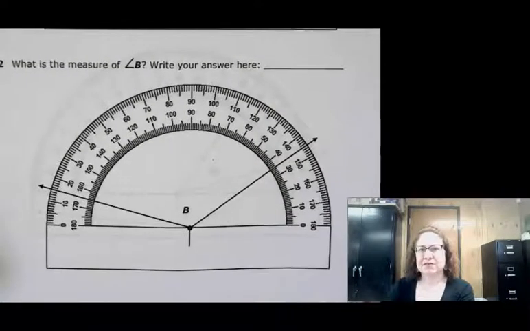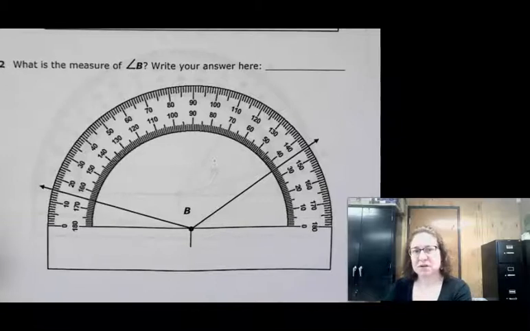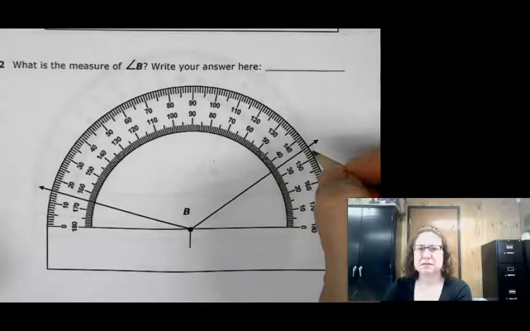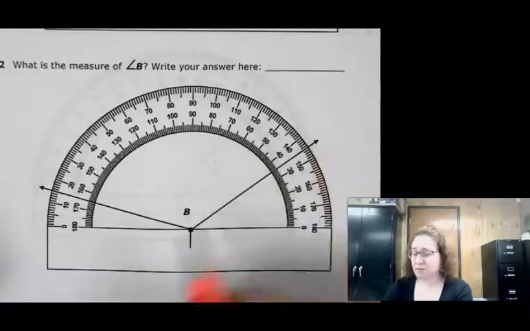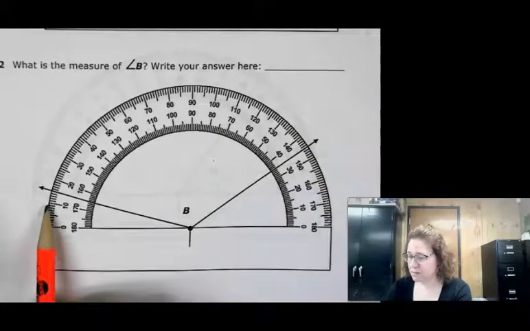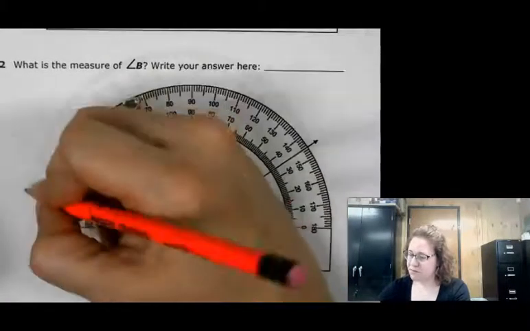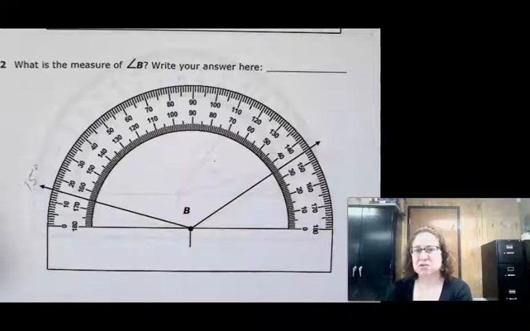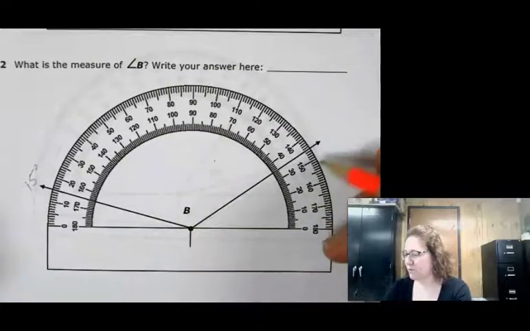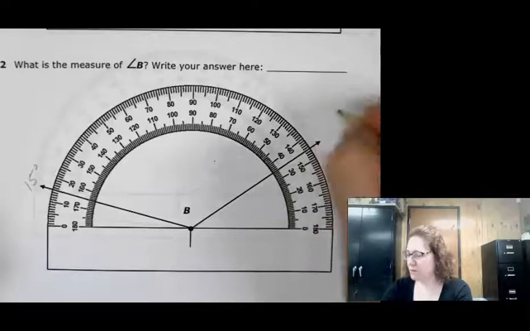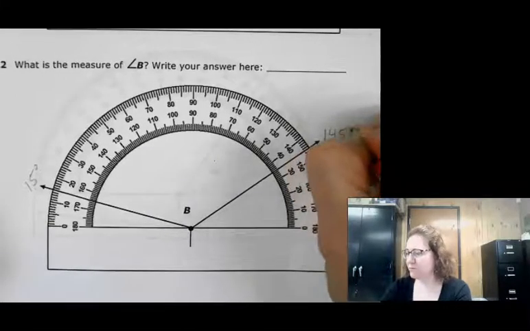What is the measure of angle B? Well, what type of angle is B? Correct, it's obtuse. It's larger than 90 degrees. Okay, so we are starting at, let's use the numbers on top. This is 15 degrees for this first ray, and the second ray is halfway between 140 and 150, 145 degrees.